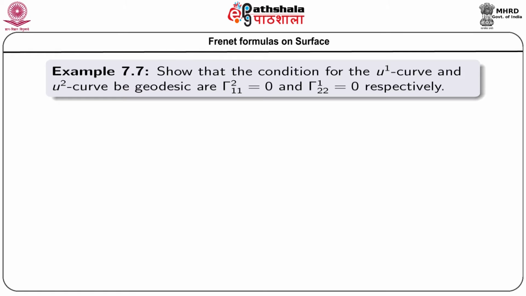That means, for the parametric curves, we are trying to find the condition whether the u1 curve and u2 curve will be geodesic, and the condition is that the Christoffel symbol of second kind 2 1 1 will be equal to 0, and the Christoffel symbol of second kind 1 2 2 is equal to 0 respectively. So, let us go ahead and see how it comes.